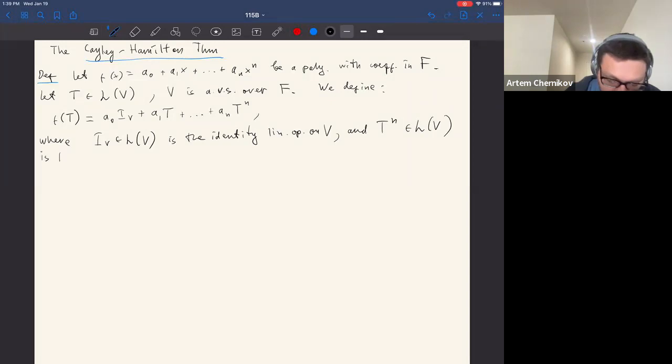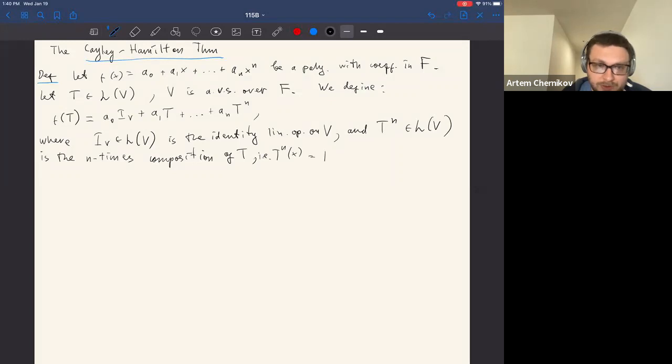So T^n is the n-times composition of T. As we just used in the previous situation, T^n of x is defined as T of T, etc., of T of x, where we apply T n times, for all x in V.